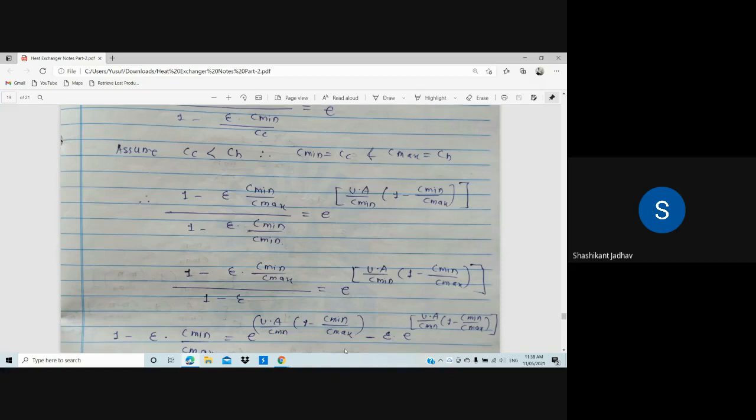Okay, so all of you write down that simplified equation. 1 minus epsilon C minimum upon C maximum divided by 1 minus epsilon is equal to e raised to u into A divided by C minimum into bracket 1 minus C minimum upon C maximum.